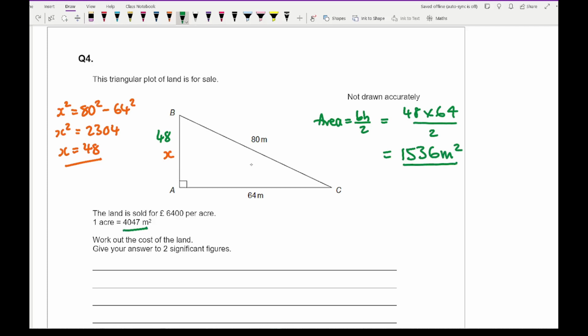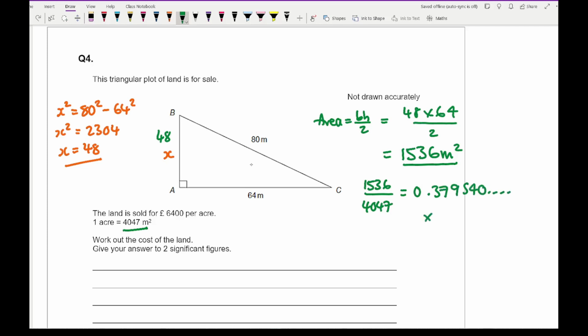So if I do 1536 divided by 4047, I type that into my calculator and I get an answer of 0.379540.